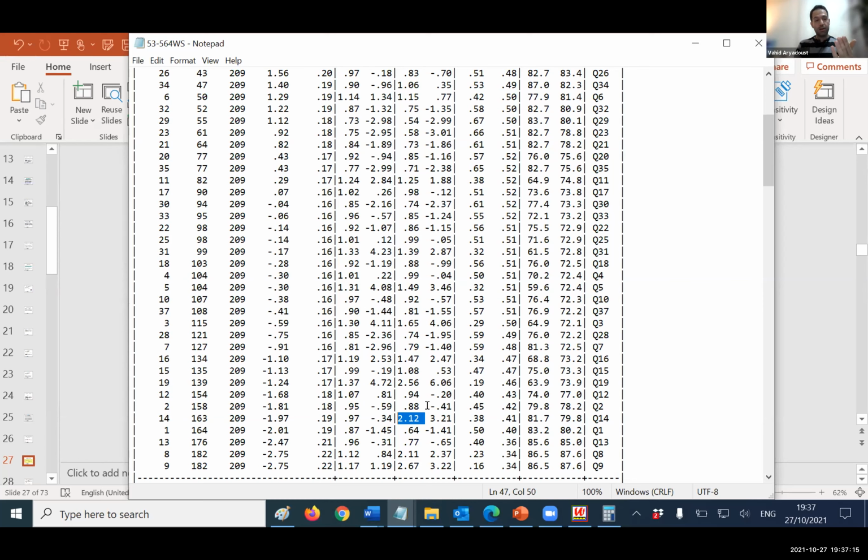And if a few high ability people miss that easy item, that becomes a little bit of a red flag. On the other hand, sometimes a very difficult item is given to a low ability student, like item 38, which is at the top, while the person is right at the bottom.